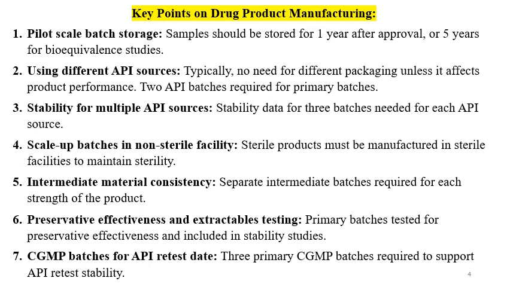Intermediate material consistency. To prove the intermediate material consistency, separate intermediate batches are required for each strength of the product. The example is a tablet or capsule formulation coming in different strengths. You need to make separate intermediate batches to make those strengths using the same blend.